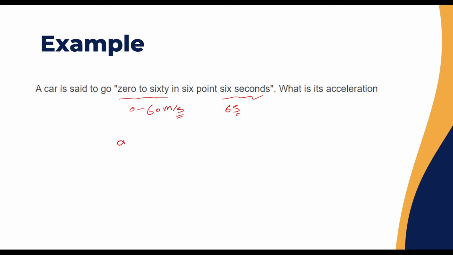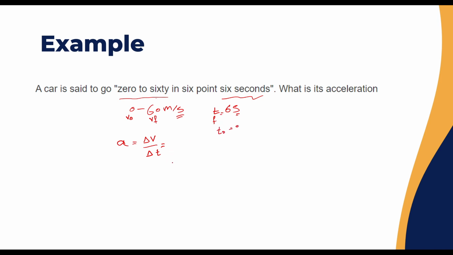In this case, acceleration is the change in velocity over the change in time. Initial velocity was 0, that's v naught, the final velocity was 60 meters per second, the final time is 6 seconds, and of course the initial time was 0.